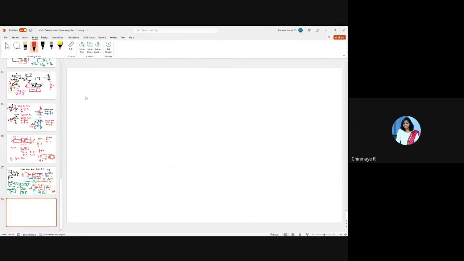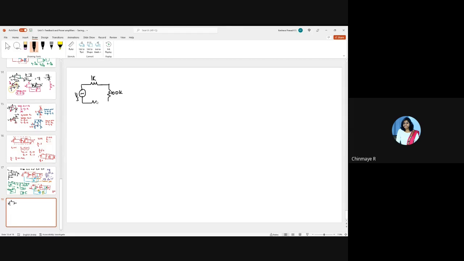So now let's try to find out all the open loop parameters. Let me draw the open loop circuit for you. This is just a repetition of the previous circuit. So you have Vs. I'm going to only draw the amplifier part now. You have 1K here, and then you have 100K here.